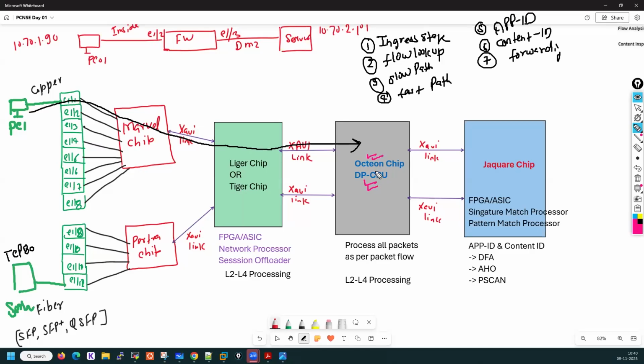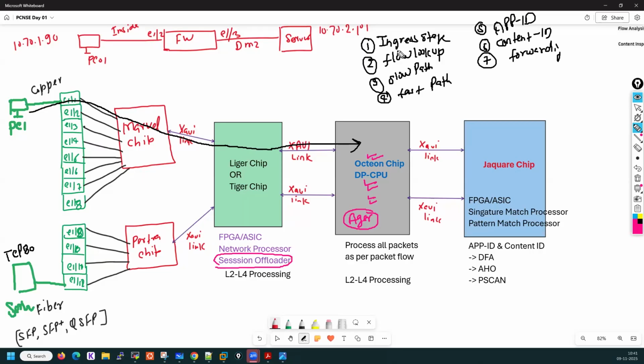Session management is done by the Octeon chip only, because there is one process called the aging process, since we have to maintain the life cycle of the session. The aging process runs on the Octeon chip only. It is not running here at the network processor level. It is just a session offloader. The sessions which are offloaded by the Octeon chip, only those sessions it will process. That's it.